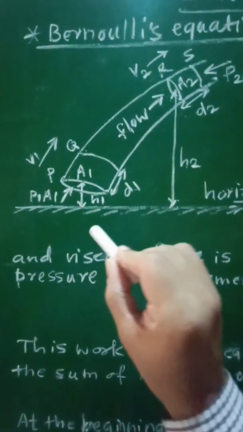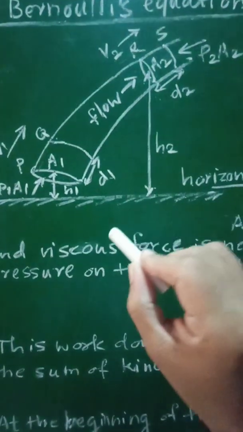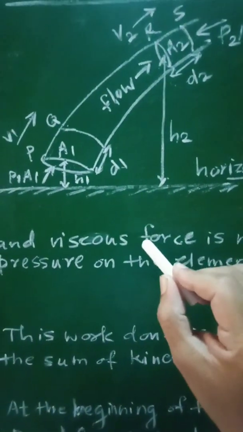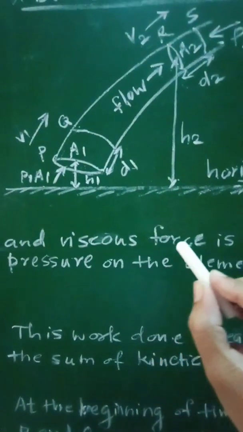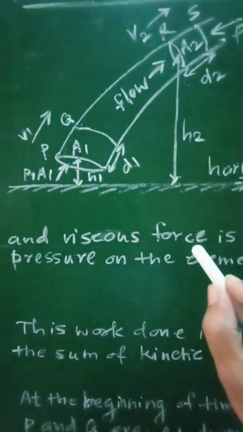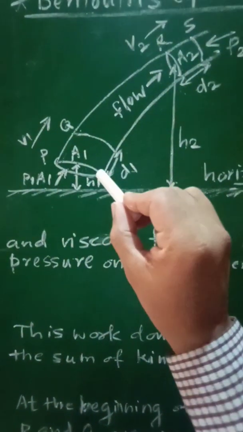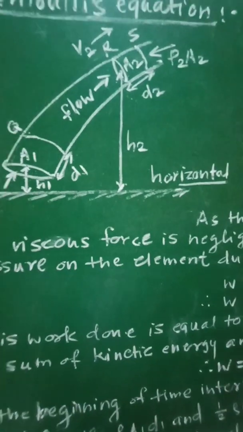So here P1 A1 and P2 A2 will represent forces because pressure is defined as force per unit area and therefore force will be equal to pressure into area, that is PA.